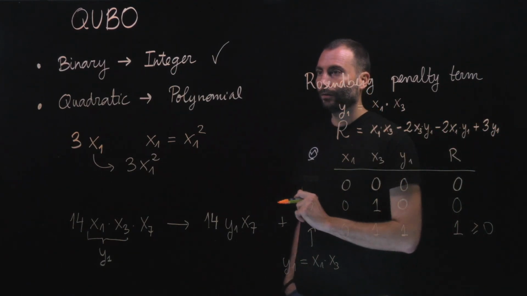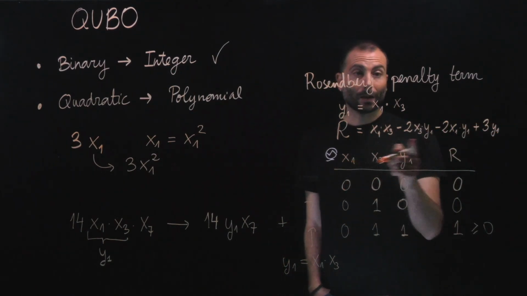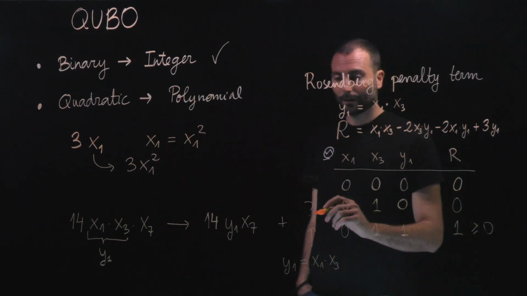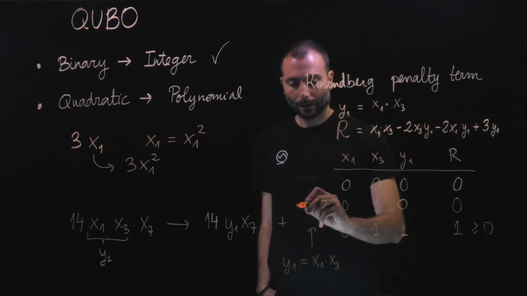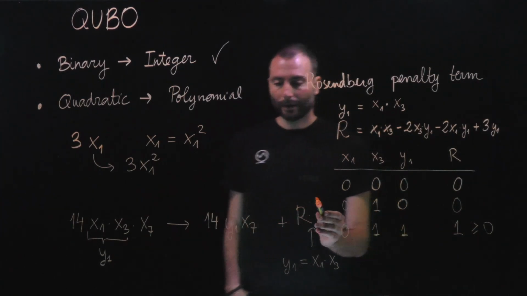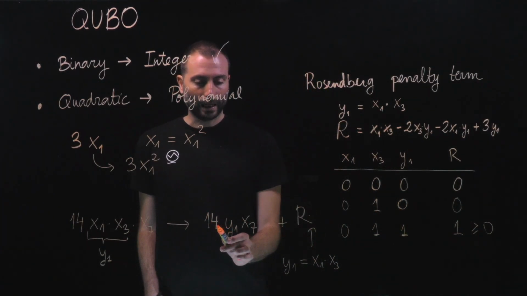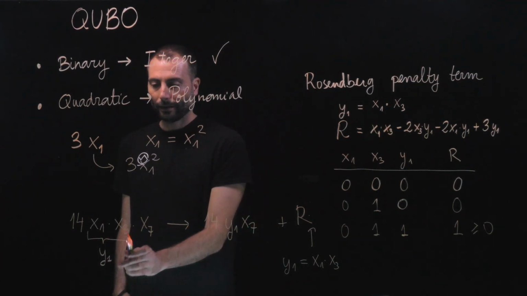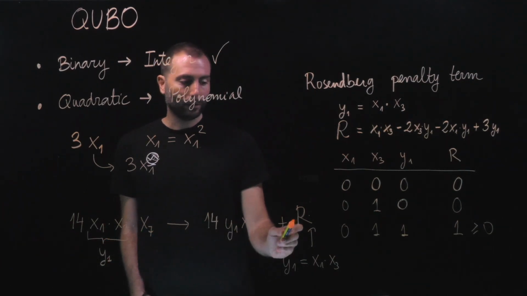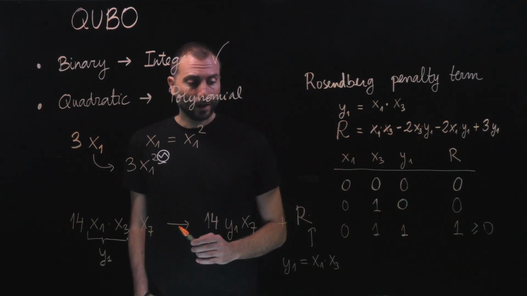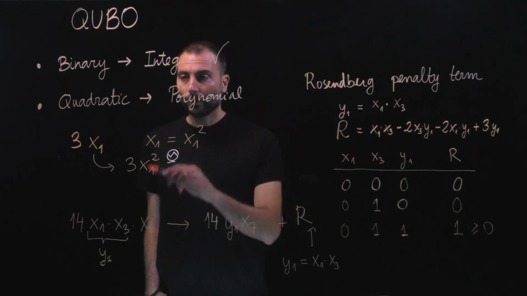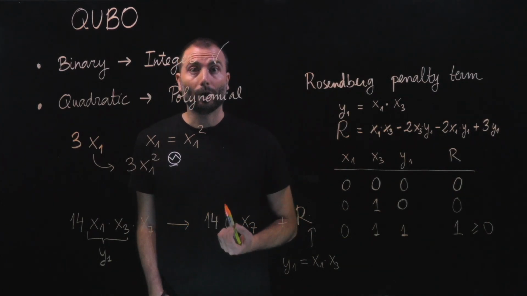to the function, which is a quadratic penalty term, in our cost function we just plug these two variables in as one, and then we add this penalty term, the Rosenberg penalty term, and we are able to reduce the degree of the polynomial.